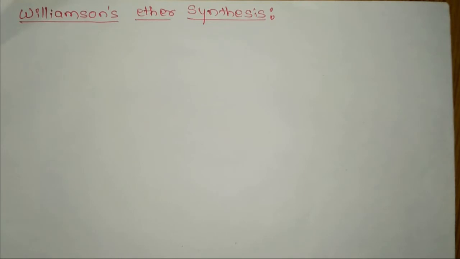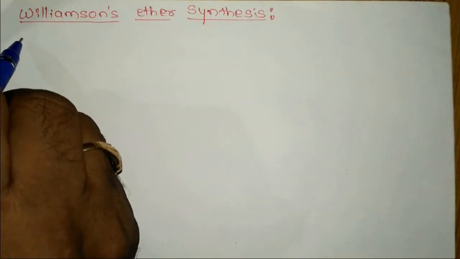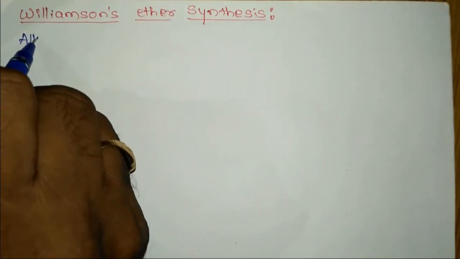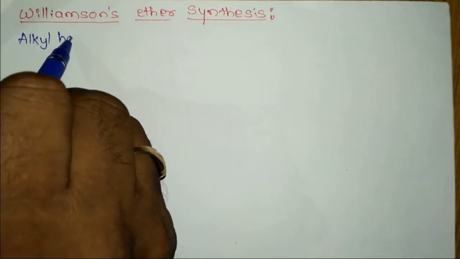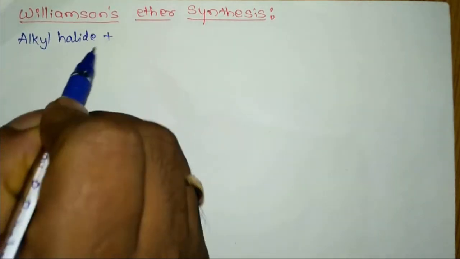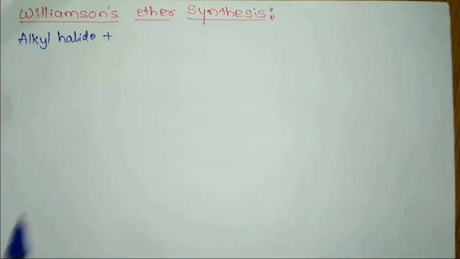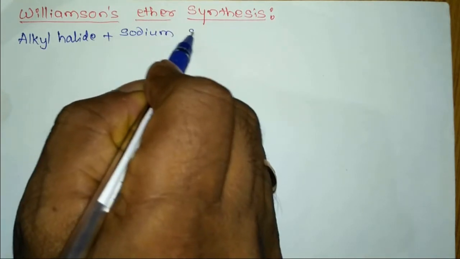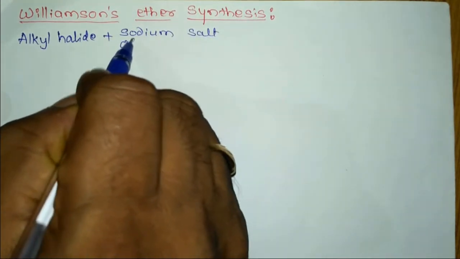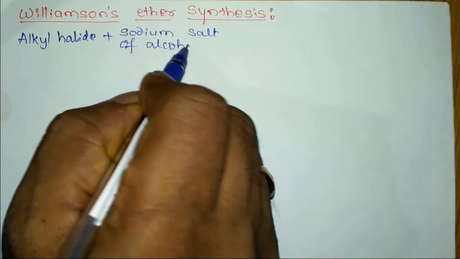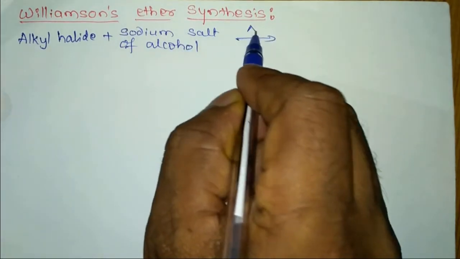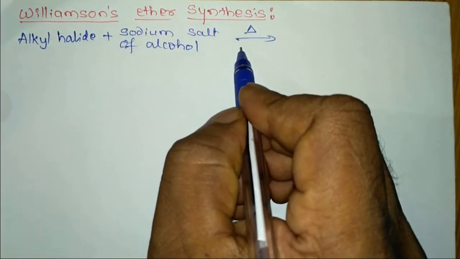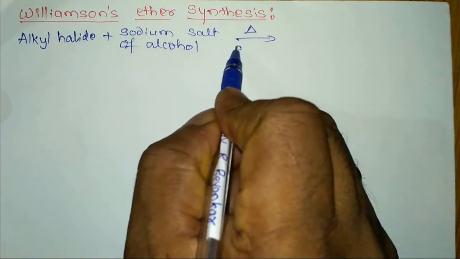Now we'll discuss Williamson's ether synthesis. First, alkyl halides are heated with sodium salt of alcohol, in alcoholic media.